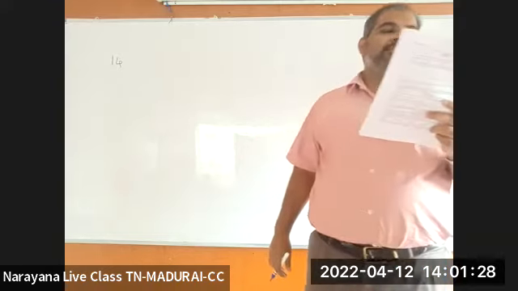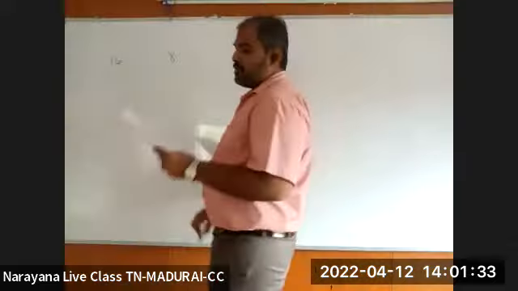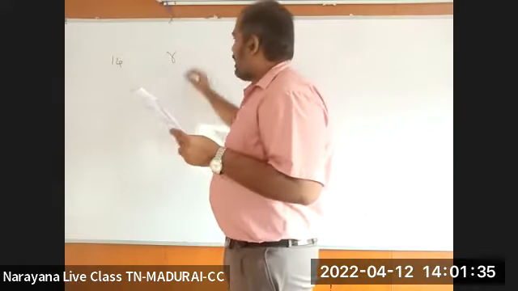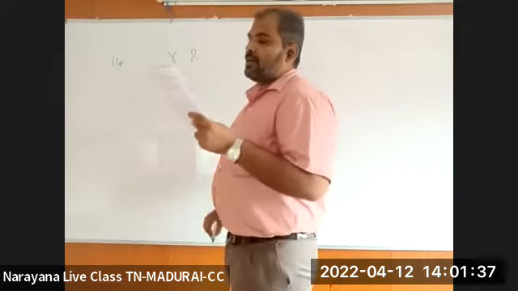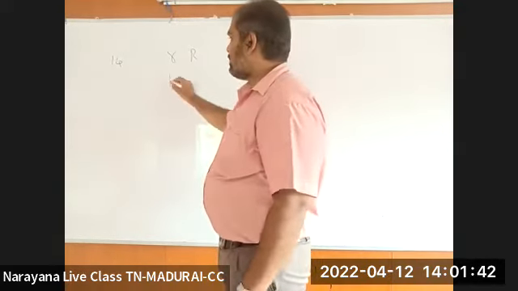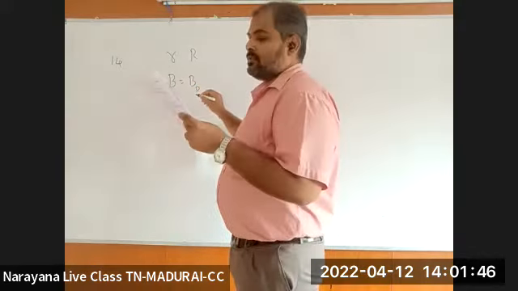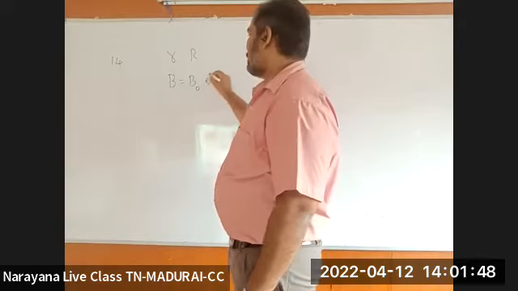So shown in the figure is a circular loop of radius small r meter, and resistance capital R. A variable magnetic field of induction B is equal to B naught into e power minus 1.